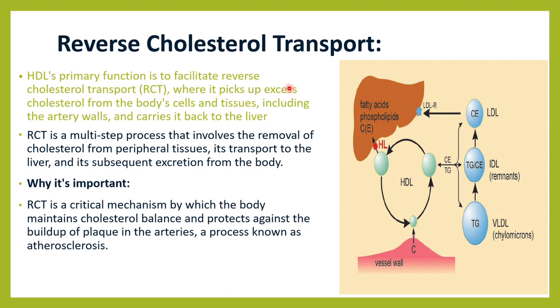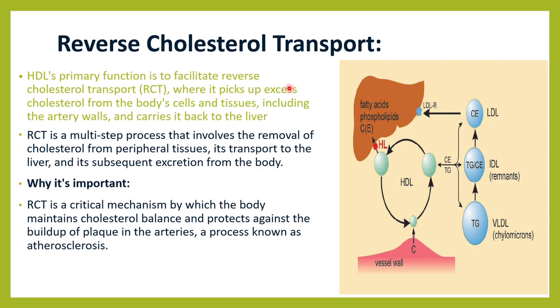So this reverse cholesterol transport has different steps. It includes basically removal of this cholesterol from the tissues to the liver, and subsequently it is excreted from the body. So no excess of cholesterol, lipids, etc. should remain in the body, and the excess gets excreted. Why is it important? Because if this reverse cholesterol transport mechanism doesn't happen, the excess lipids will be floating, they will be lying there.